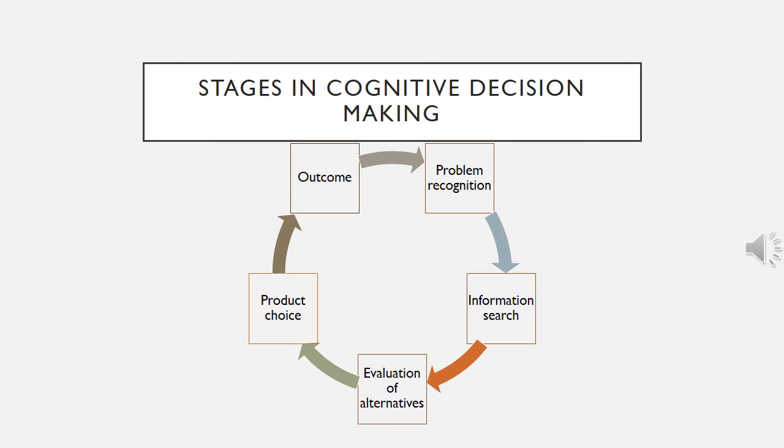This search may range from performing a simple memory scan to determine what he or she has done before to resolve the same problem, to extensive fieldwork during which he or she consults a variety of sources to amass as much information as possible. The internet especially has changed the way many of us search for information.